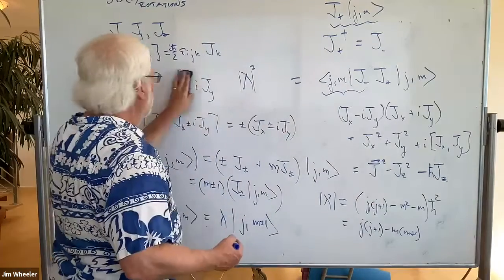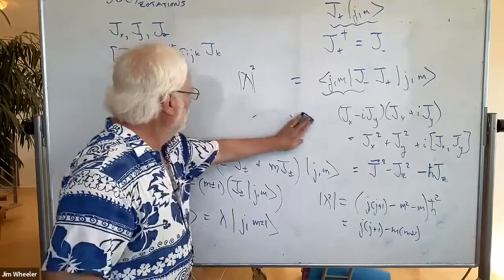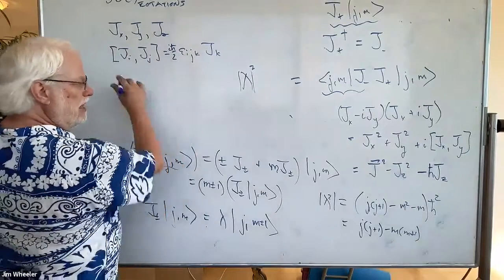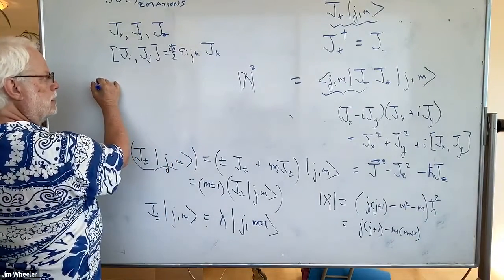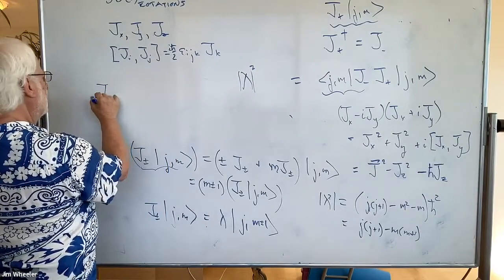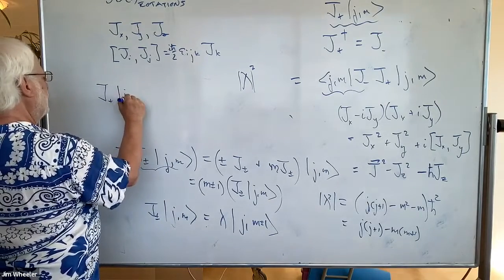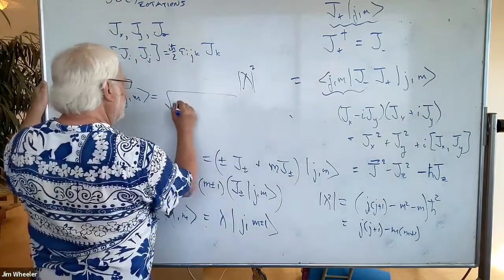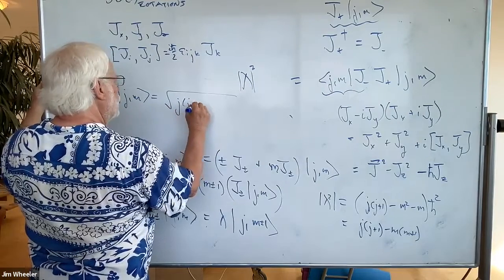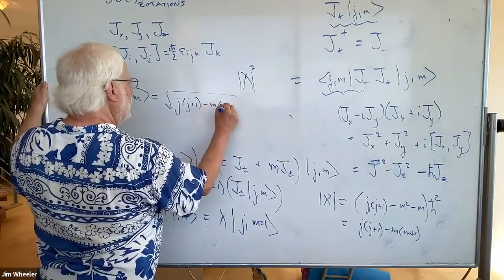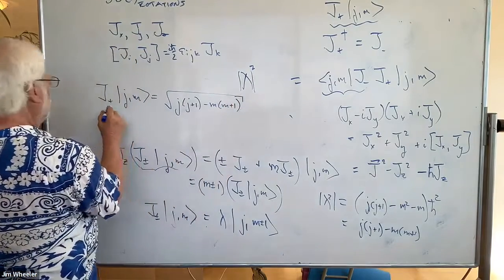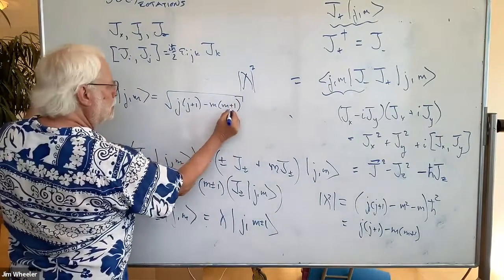So what that says, I claim, is that we found this lambda, and if I take it real, I can choose the phase, so that J plus acting on a jm state is going to be the square root of all that stuff, j plus 1 minus m plus 1. And as an exercise, if I put a minus here, I put a minus here.